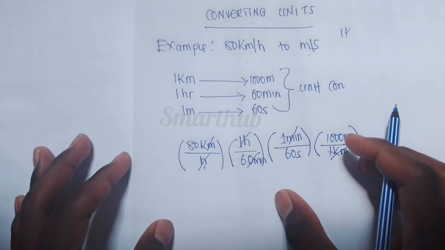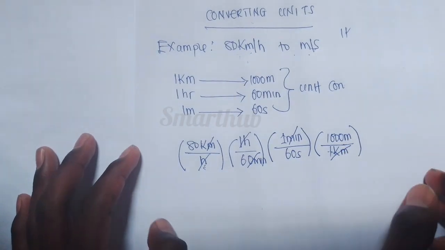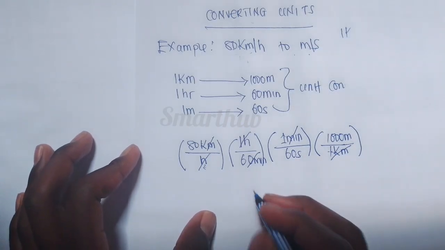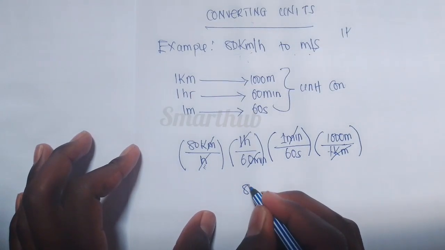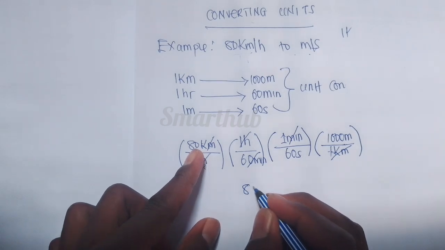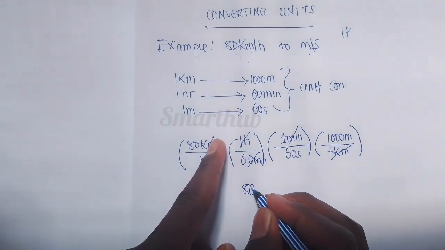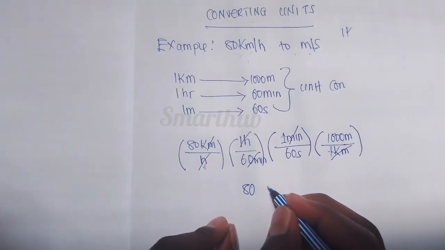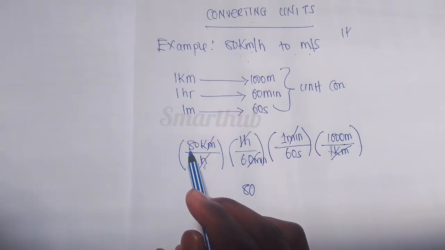Let me now rewrite what we've remained with so that things become simple. So we've remained with 80. This one has disappeared, even this one. What have we remained with? So you multiply everything on top.